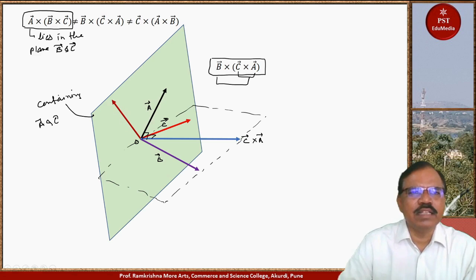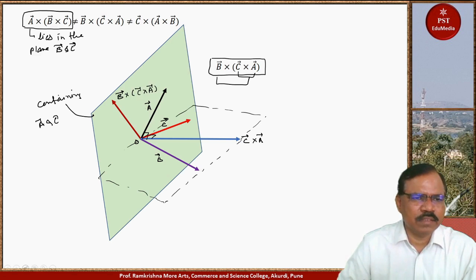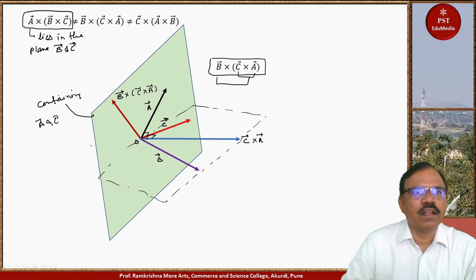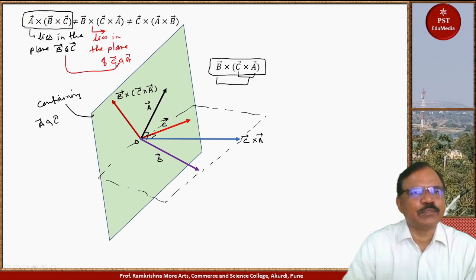It will be in the plane. So this is B cross C cross A. This vector lies in the plane of C and A. So see, these two are different.